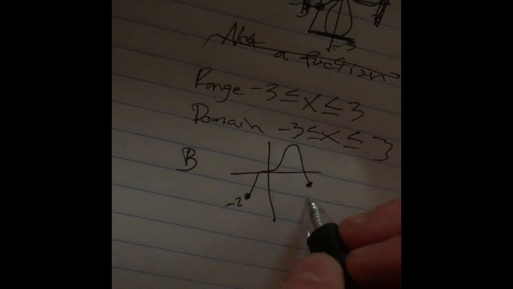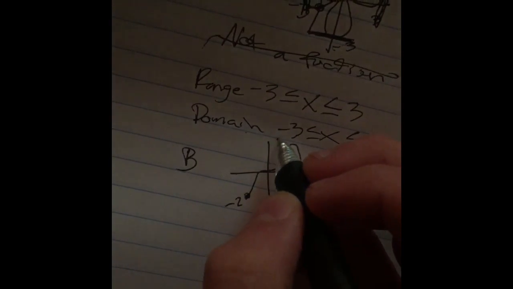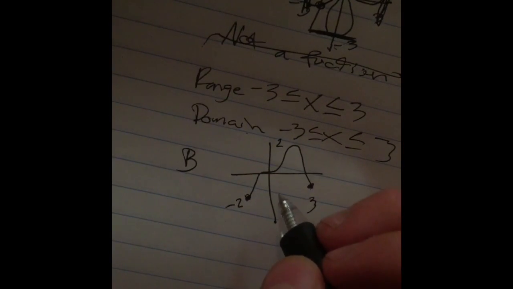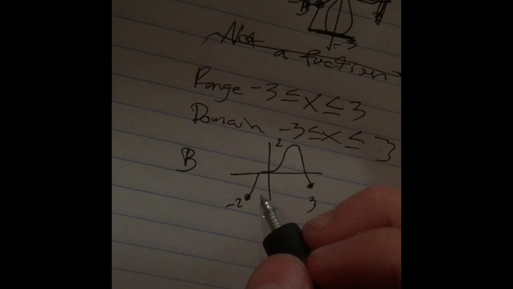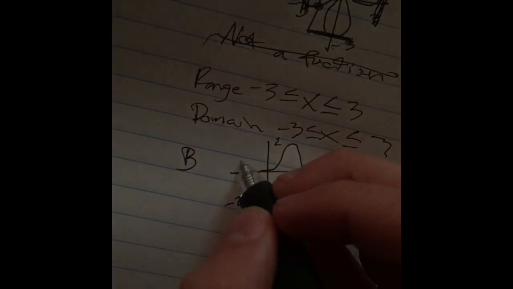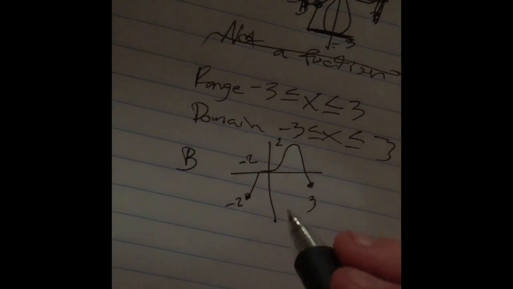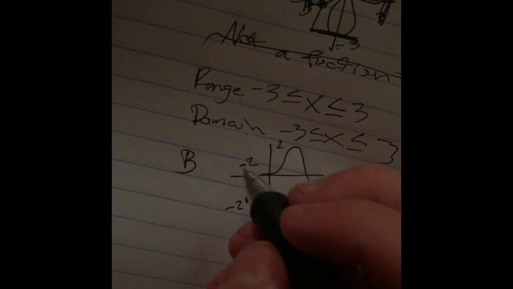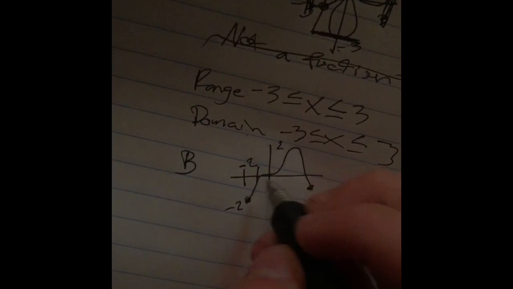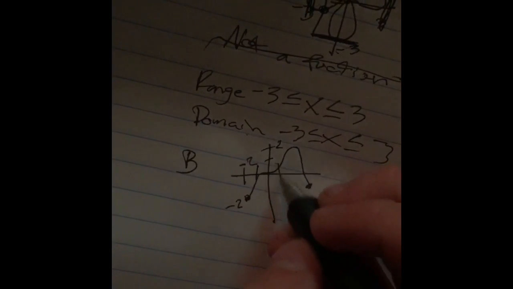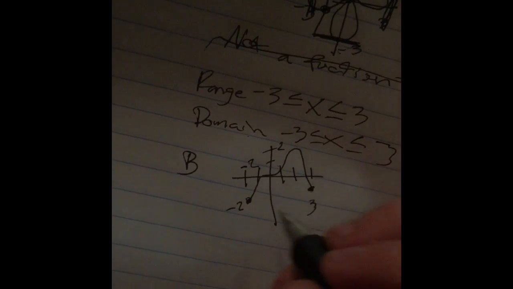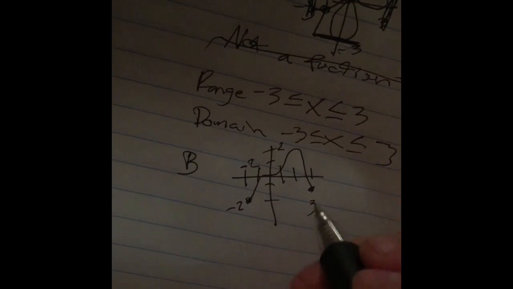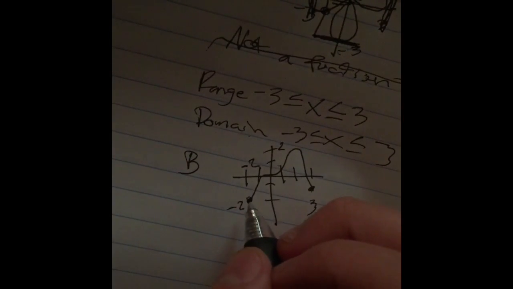This is 3, 2, and well, -2 over. So now when we're doing the range, the range is from -2.